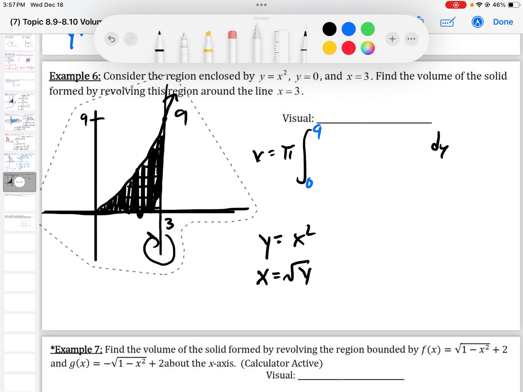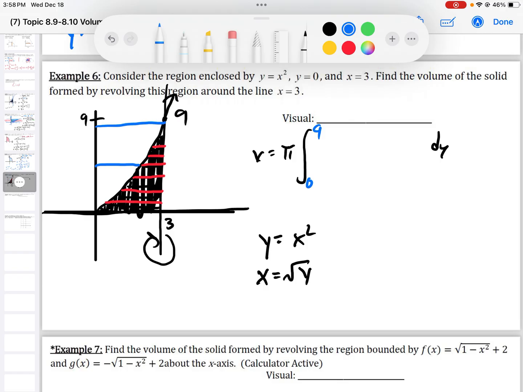All right, so what I'm doing, I need to represent this radius right here. How do I find those radiuses each time? Is it just always going to be 3? No, the 3 is the distance from the y-axis to the line x equals 3.